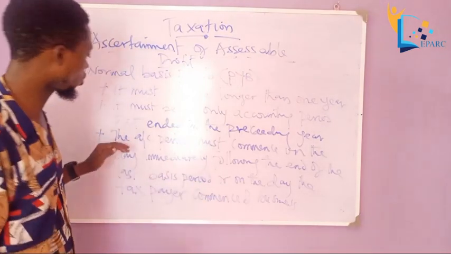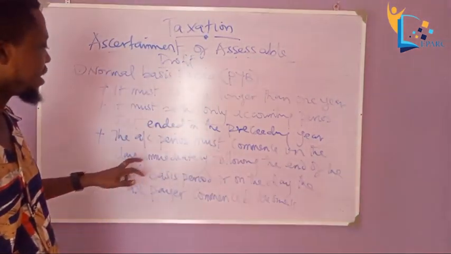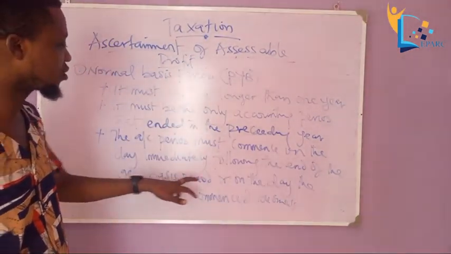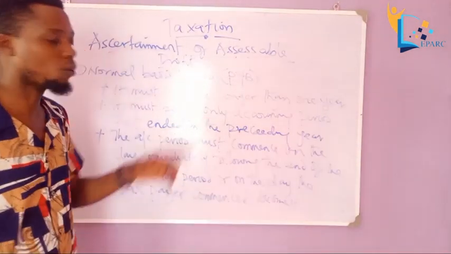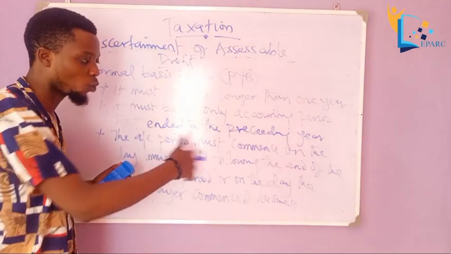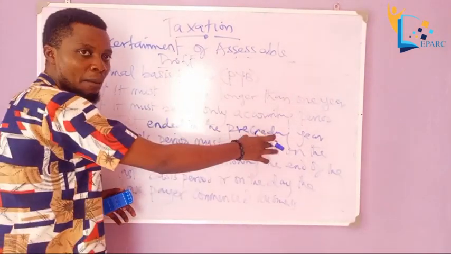Now, thirdly, the accounting period must commence on the day immediately following the end of the last basis period, or on the day the taxpayer commenced business. Now, I need you to just do a rewind. Go back to where I did those analysis of year of assessment and basis period.